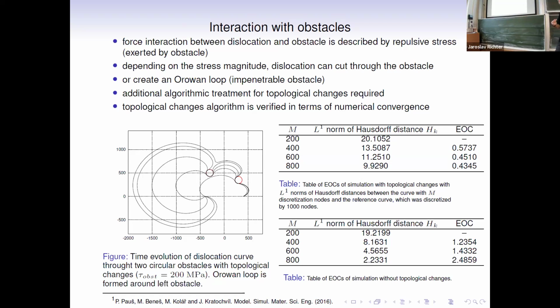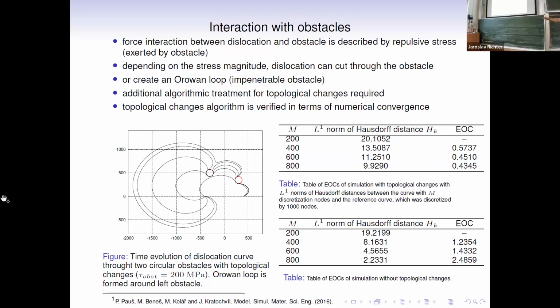However, once we included the topological changes algorithm in our model, based on some parameters, on some thresholding in which the dislocation just splits into another one, it breaks down the numerical convergence a lot. There is still some numerical convergence, but it is pretty slow.